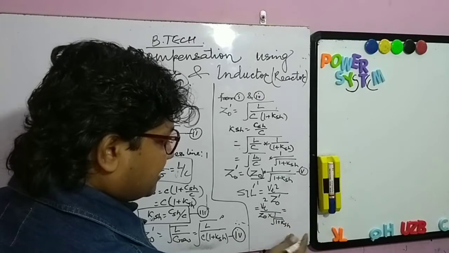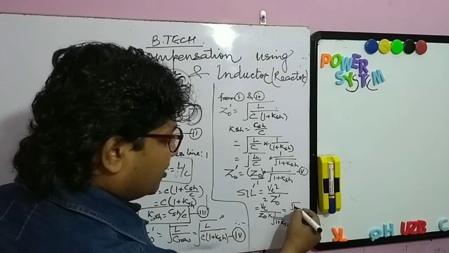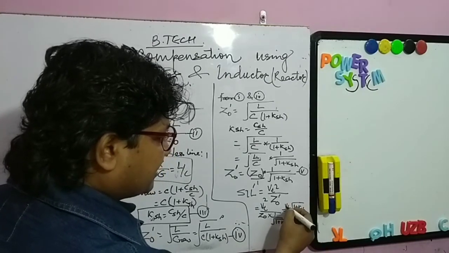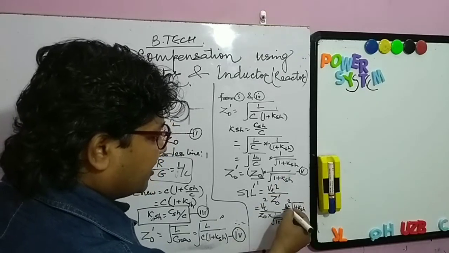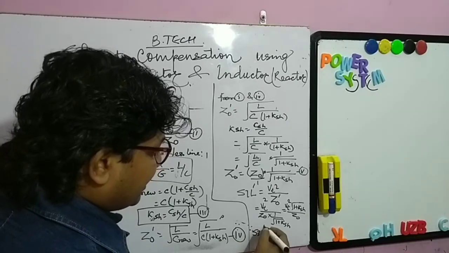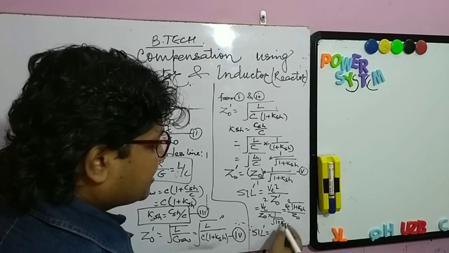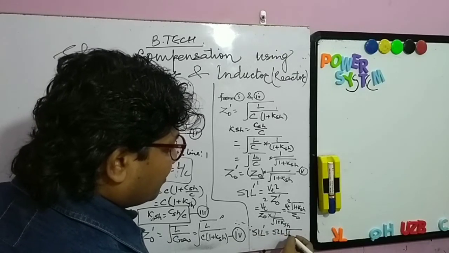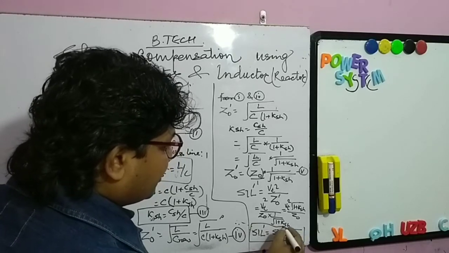So 1 by under root 1 plus k_sh is going into the numerator, as under root 1 plus k_sh, times V_T square by Z naught. So what we are getting for SIL dash is SIL times under root 1 plus k_sh. So this is the expression, this is the new SIL.